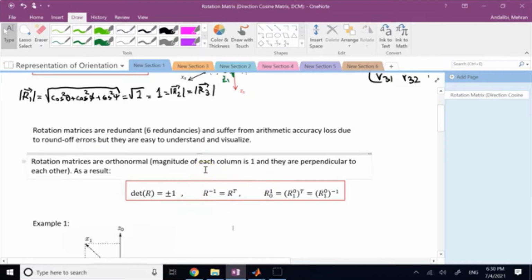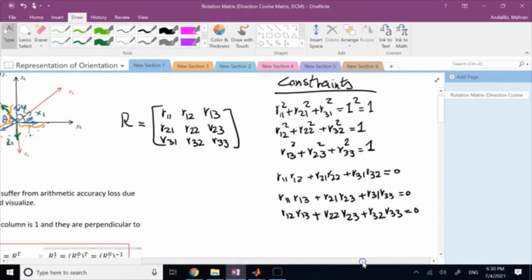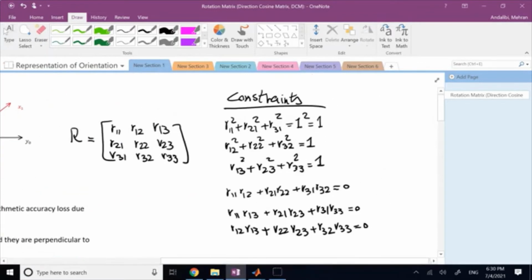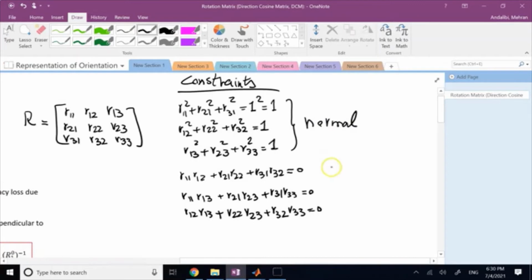So when a matrix has all columns of unit vectors, because the matrix has all columns with magnitude 1, we call the matrix normal. Okay, that means the magnitude of each column is 1.